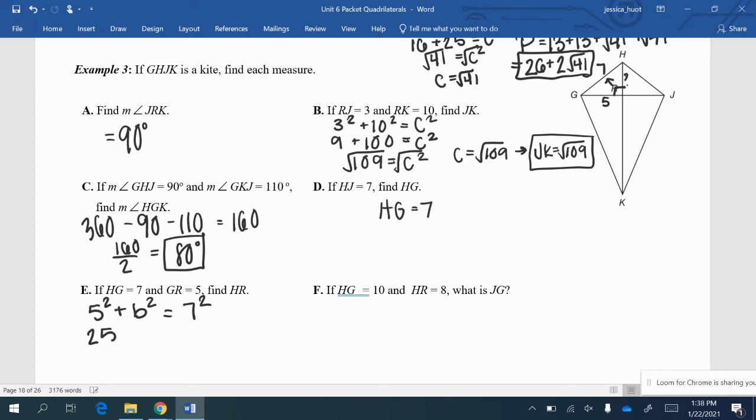So 25 plus B squared is equal to 49. B squared is equal to 24. B is the square root of 24, because I'll take the square root there. That means HR is the square root of 24.